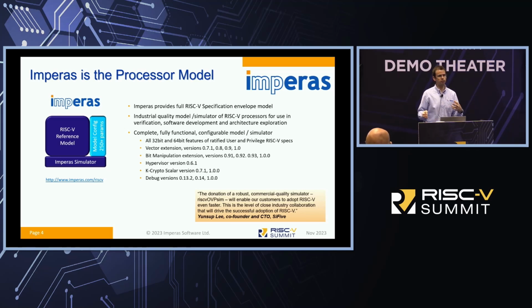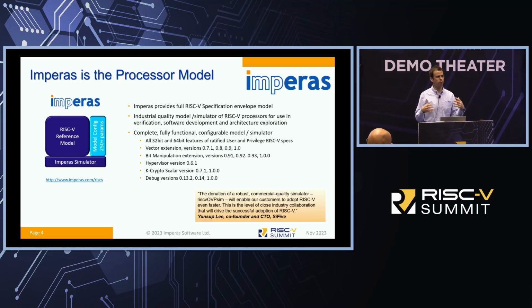So, we've spent a lot of time working on instruction set simulators for many different architectures, and RISC-V is the latest one for us. And we provide an industrial quality model of all of the RISC-V specification. The fact we've got 250 parameters you can configure gives you an indication of just how complex it is.